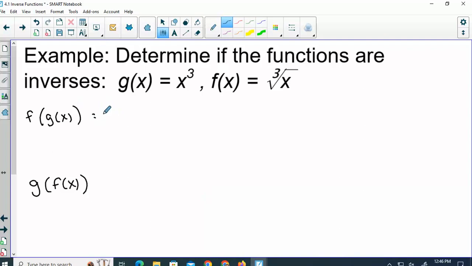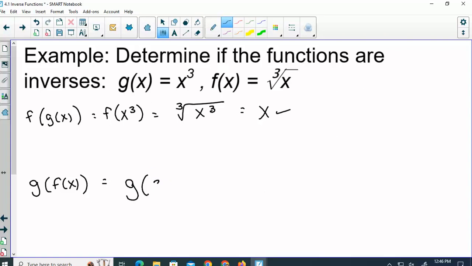So f composed with g. g is x cubed. If you plug that into f, f is the cube root of whatever we put in, and we're putting in x cubed. So the cube root of x cubed is x. It looks like it works. We have to verify the other direction.